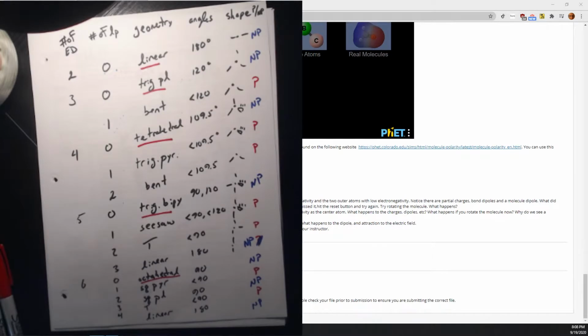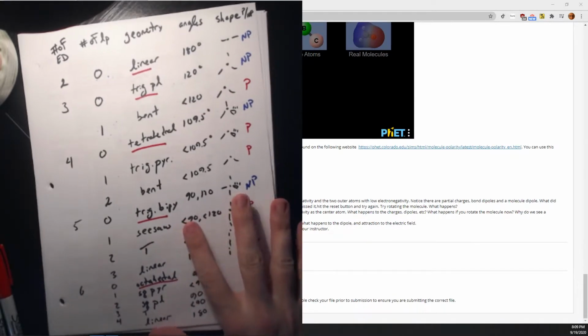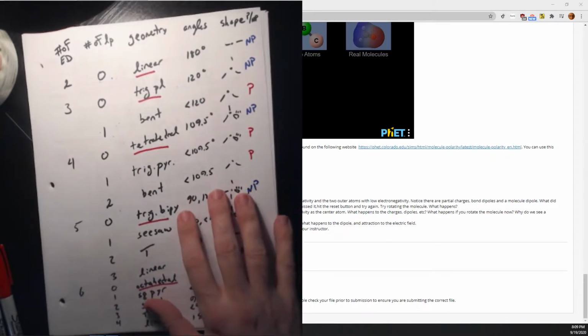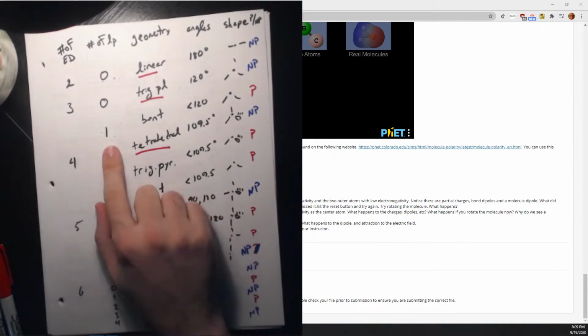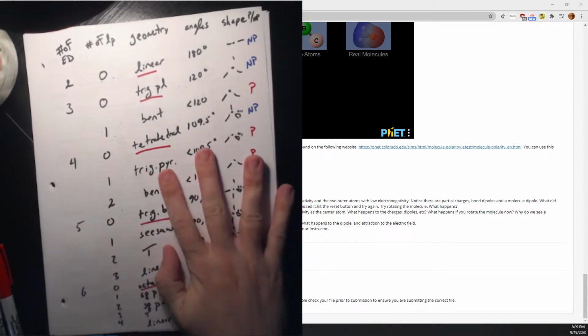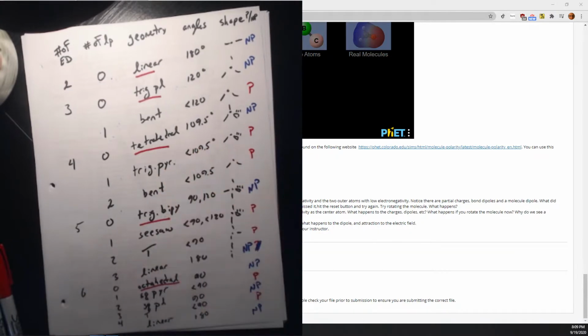So all of this stuff proceeds from Lewis structures. You draw your Lewis structure, count the number of electron domains, count the number of lone pairs, and everything else follows from that. Okay, and I think that I have covered everything.